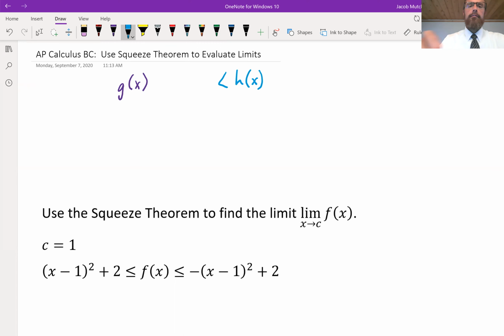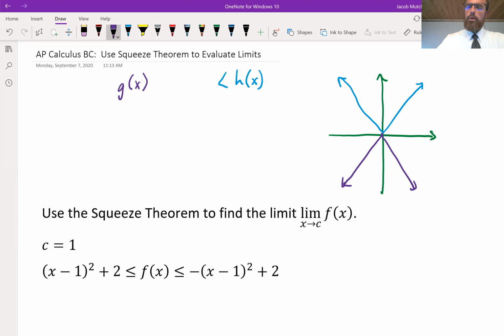So on a graph, if I were to start to draw it in, let me put the plane there. These are kind of generic functions, so I'm just going to put something generic. Let's say that's h of x, so all of its y values are above the y values of g of x, except maybe at one point they might have equal y values, and that's okay.